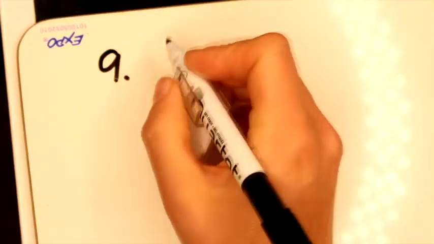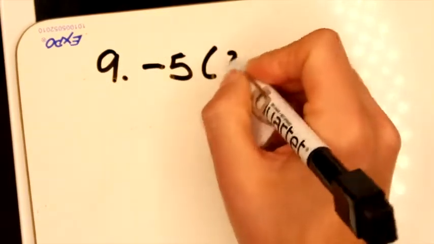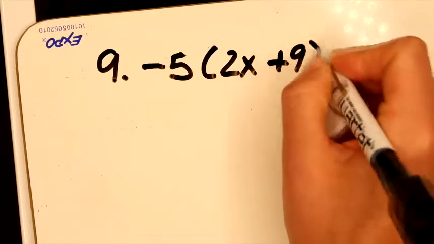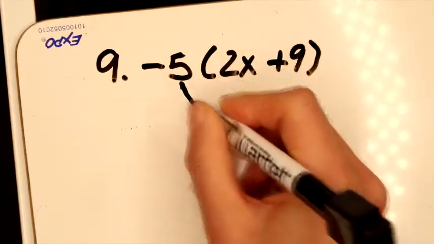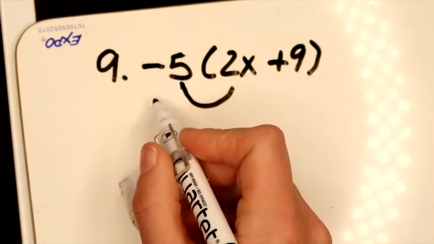But we're on number 9, which is -5(2x + 9), and we're going to distribute this -5. I should say, it's not just 5, it's -5.